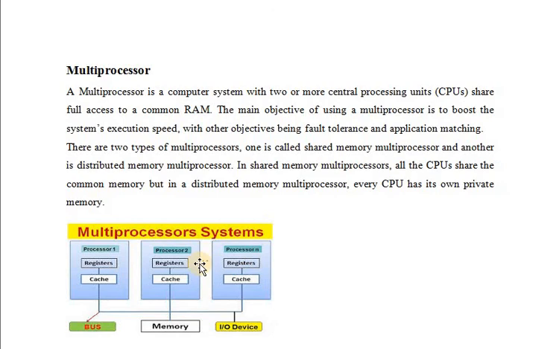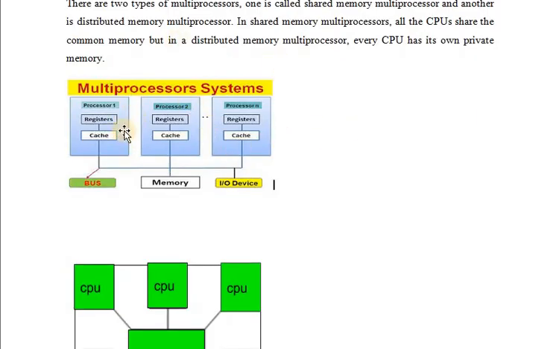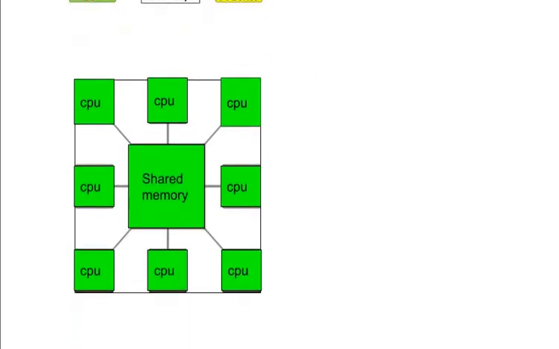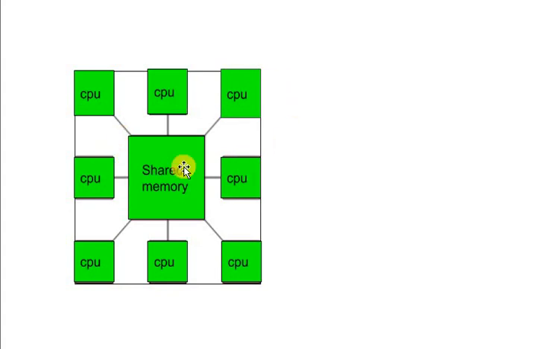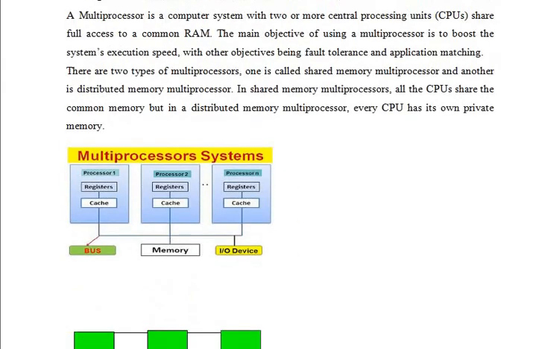So this is the diagram for a multiprocessor system. See here, more than one processor. They share a common memory and input output devices. Now you see here, the CPUs share the common memory. How many CPUs are there? 1, 2, 3, 4, 5, 6, 7, 8 CPUs are there and share the common memory. See the difference between this diagram and this diagram.